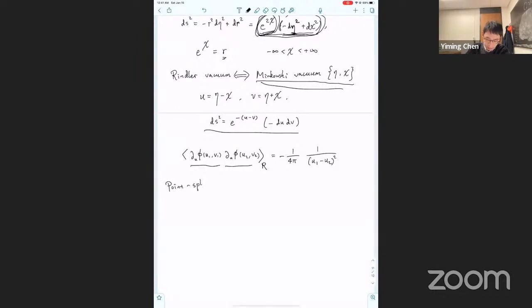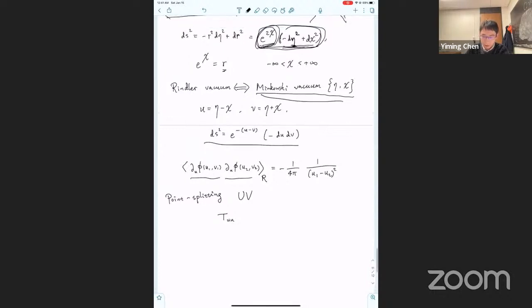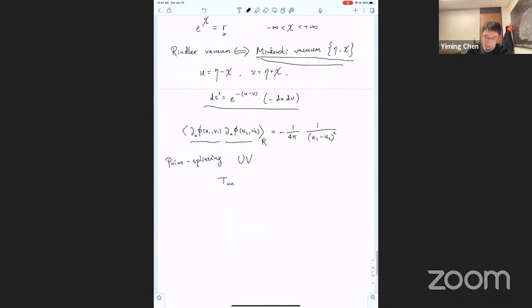It's just a name for computing the UV divergence in the stress tensor. The stress tensor has a very simple form in the case of this massless scalar: the T_uu component of the stress tensor is just given by partial u phi times partial u phi, okay?